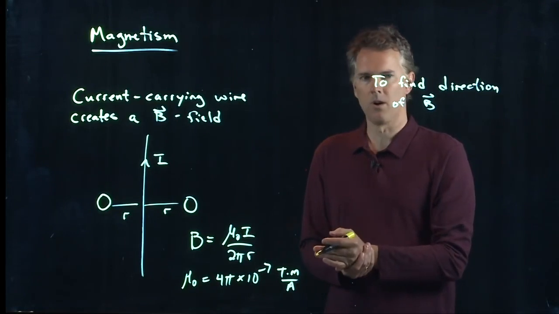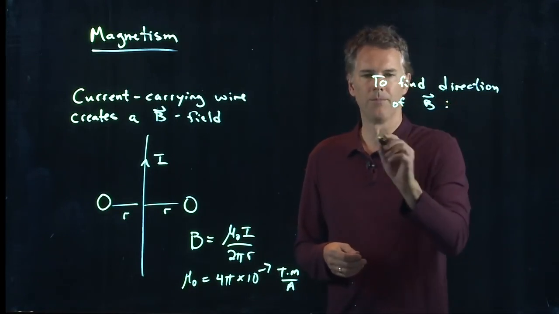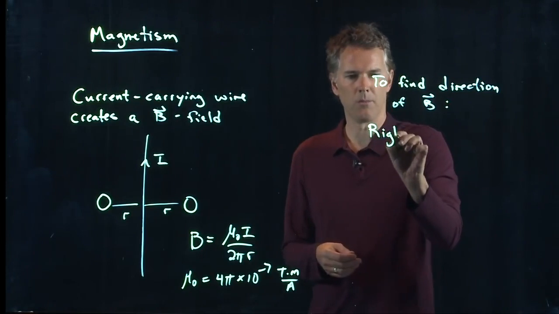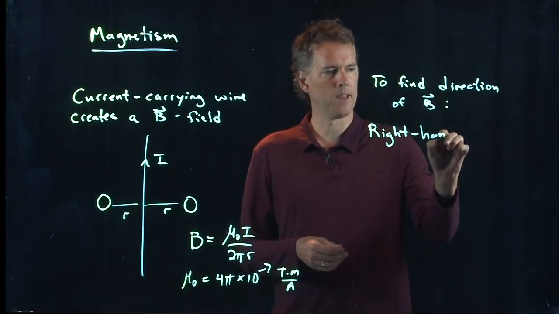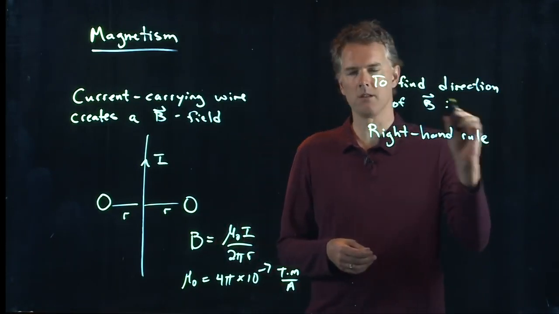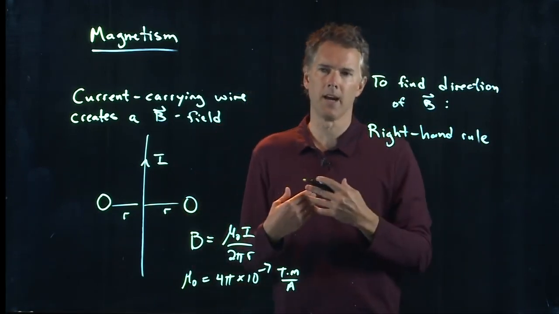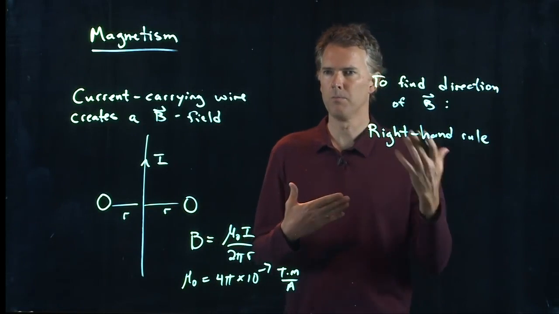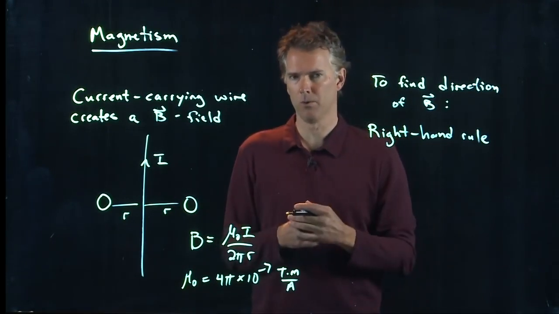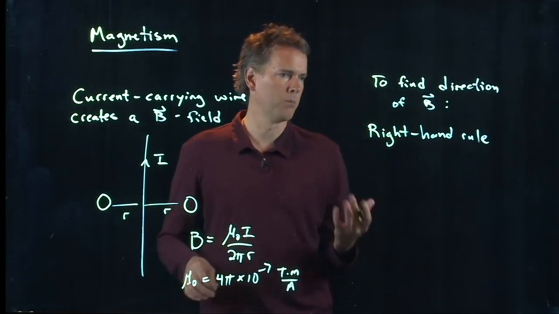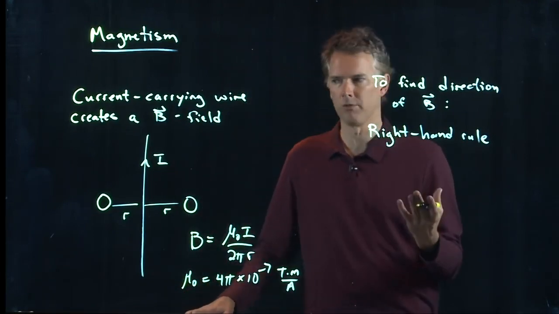We use something called the right-hand rule, okay? And the right-hand rule has several different incarnations, and sometimes the books teach it slightly different than I might teach it, okay? So you should just practice with the right-hand rule to get used to the different approaches. You should end up with the same result.